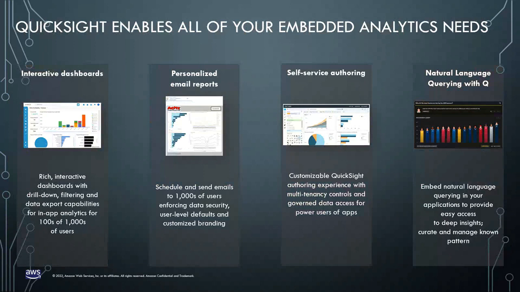Now, how does QuickSight, with all its capabilities that we talked about, help bring that to your customers in your applications by the different types of delivery mechanisms via embedding that we have? The first one is you can embed interactive dashboards directly into your applications for your business users or your data analyst end users who want to quickly interact with data, and they do it right there in your application.